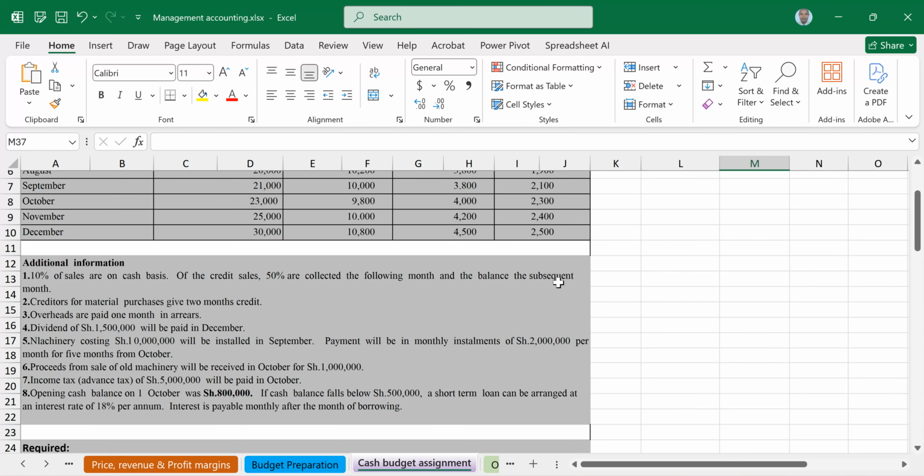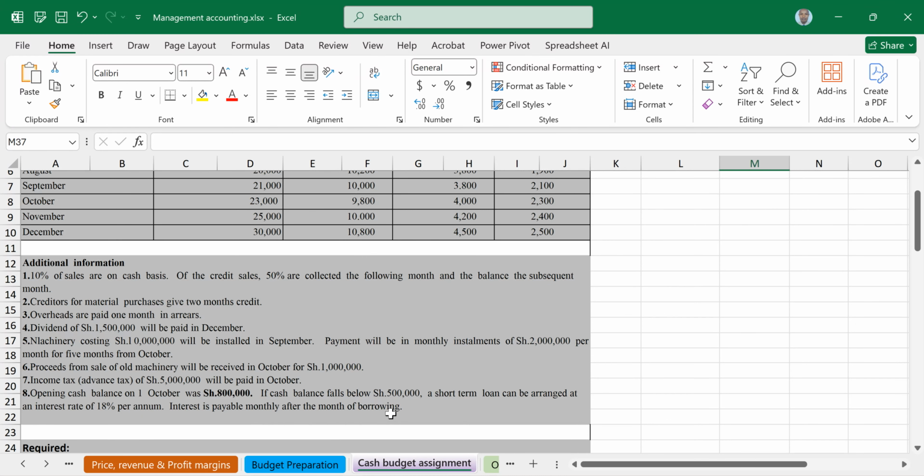Opening cash balance on 1st October was 800,000. If the balance falls below 500,000, a short-term loan can be arranged at an interest rate of 18% per annum. Interest is payable monthly after the month of borrowing. Required: cash budget for 3 months ending December 2016.